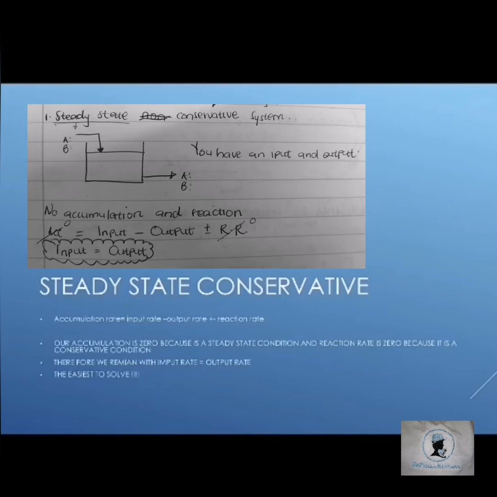So we're going to be left with input rate minus output rate equals 0. So we know that input rate equals output rate, the easiest to solve. Maybe they wanted you to solve for Q or the concentration. You do your math, you get it. See? Nice one.